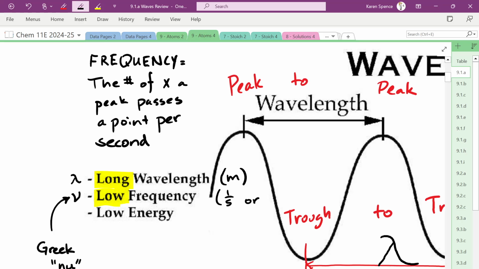S to the negative 1, yep. And there's actually another unit as well, and that is Hz, which stands for hertz. So it's 1 over second or second to negative 1 or hertz. You can see any one of those, and they all mean the same thing.